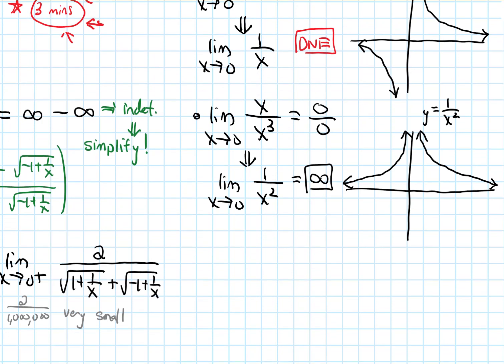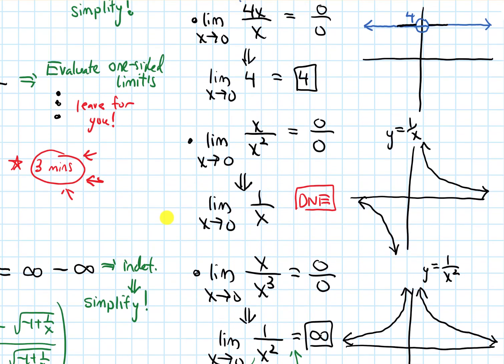If I didn't have this graph, I could still do this pretty quickly. If I were to plug in here, I would get 1 over 0, a non-zero over 0, which means use one-sided limits. We would use one-sided limits to show that it's infinity from both of the sides.